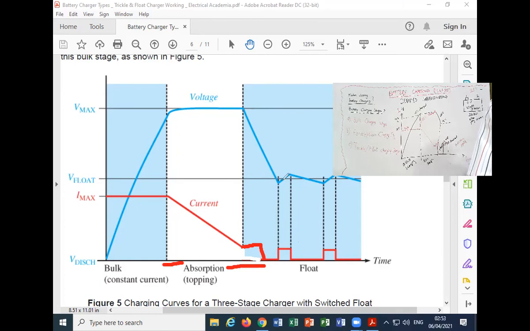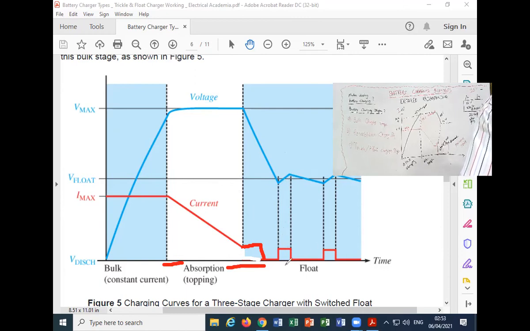Now during trickle charging, the charging voltage is also dropped. Moreover, the charging current is also being controlled, or either it is controlled or not, but this is the applied voltage, and this is the voltage of the battery.